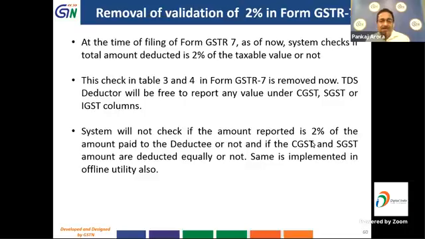Now the system will enable those deductors to report any value under CGST, SGST, or IGST columns subject to the accuracy, correctness of the final TDS amount deducted and paid by them. And such change has also been implemented in the offline utility.